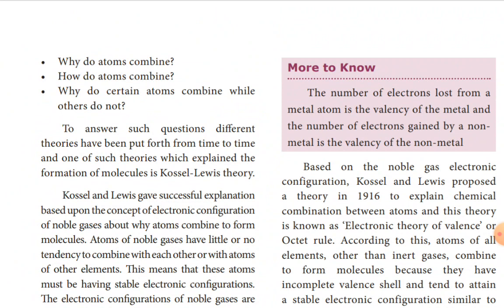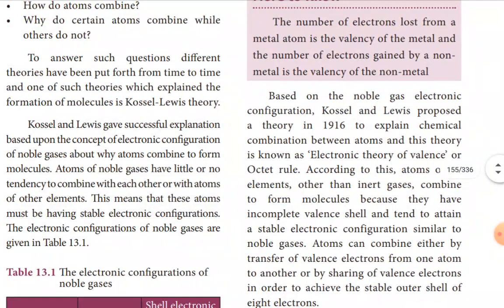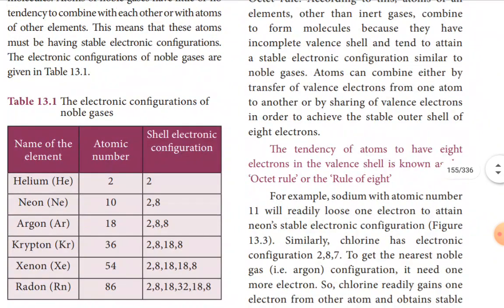How do atoms combine? By transferring or sharing electrons. Why do certain atoms combine while others do not? Atoms which do not have 8 electrons in the outermost shell are going to combine. Atoms already having 8 electrons do not combine to form a compound or molecule.